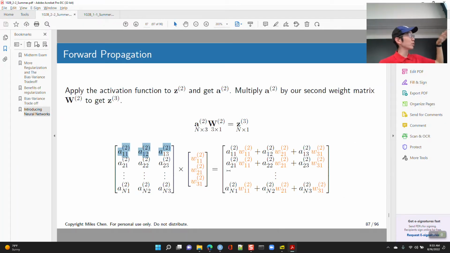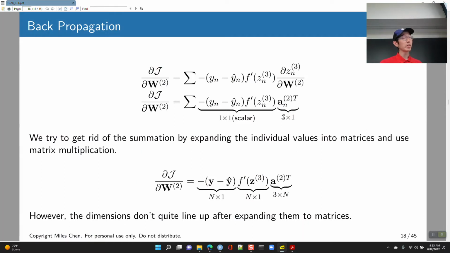So I take each of these rows, transpose them vertically so they're 3 by 1, and sum up across row 1, row 2, row 3, all the way through row n. The result is going to be a 3 by 1 matrix. We want it to be 3 by 1, and currently this aligns.